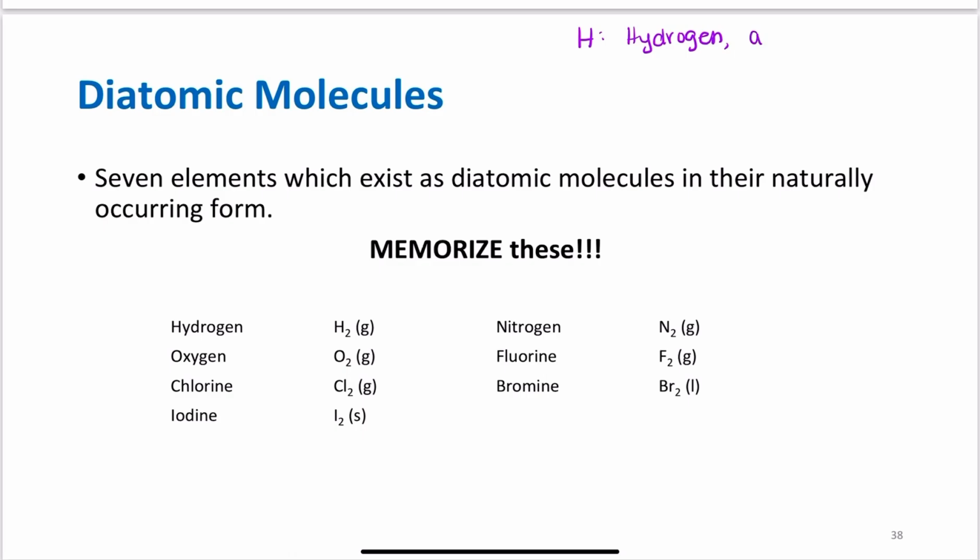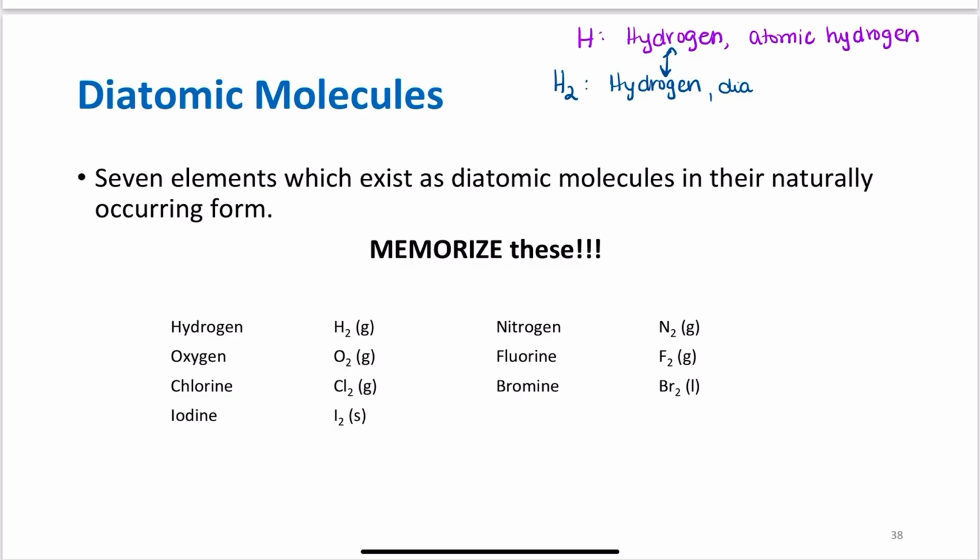We could also call this atomic hydrogen. Saying atomic hydrogen emphasizes the fact that it is one single atom of hydrogen. If I say H2, I also call this hydrogen. So how am I distinguishing between these two? By the context of the question.